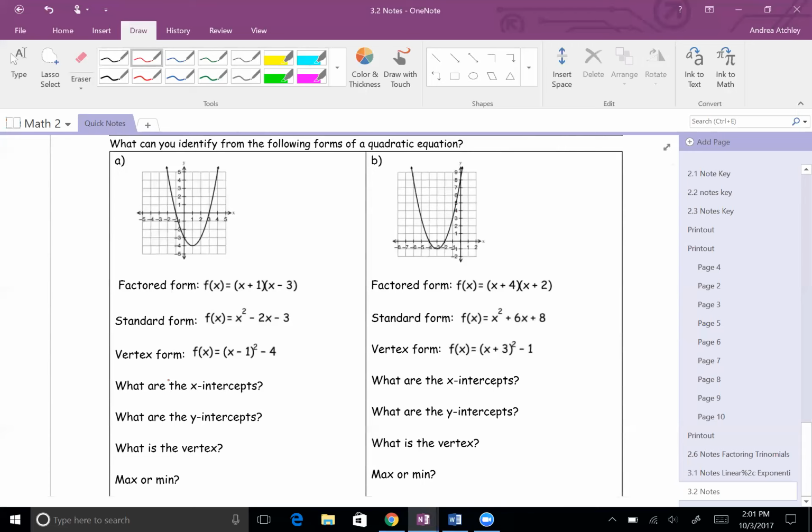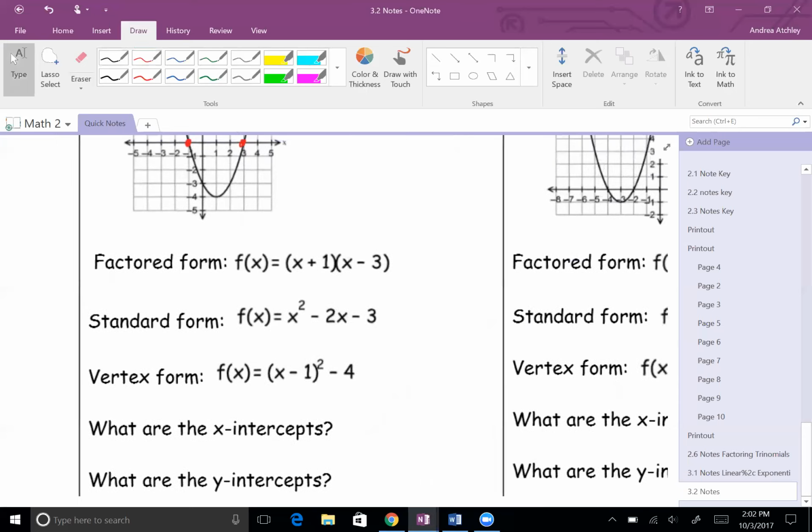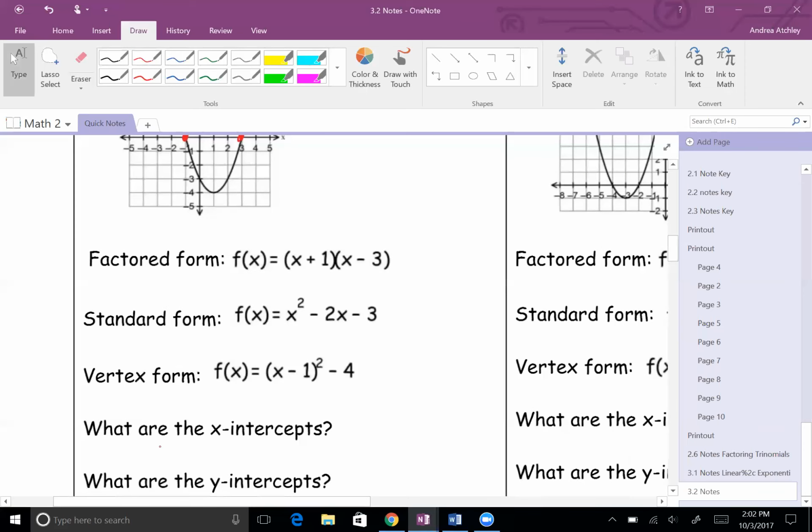Okay, so let's see. Here we're going to look for the x-intercepts first. Where it crosses the x-axis is right there. So our x-intercepts are going to be -1 and 3.